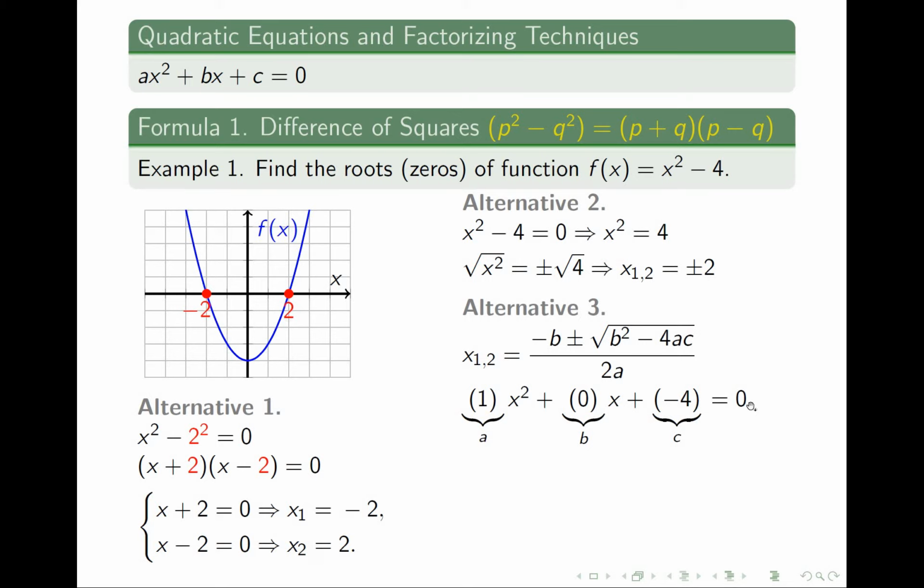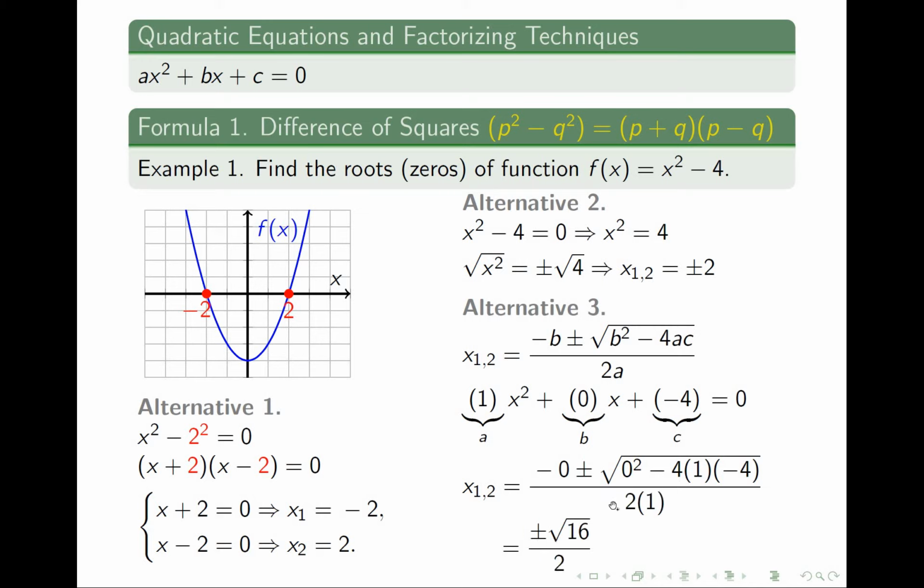Then we will put it equal to 0, and then if we substitute these values in this formula, b is 0, so minus 0 plus minus the square root of 0 squared minus 4 times a, which is 1, times c, which is minus 4, divided by 2a, which is 2 times 1.